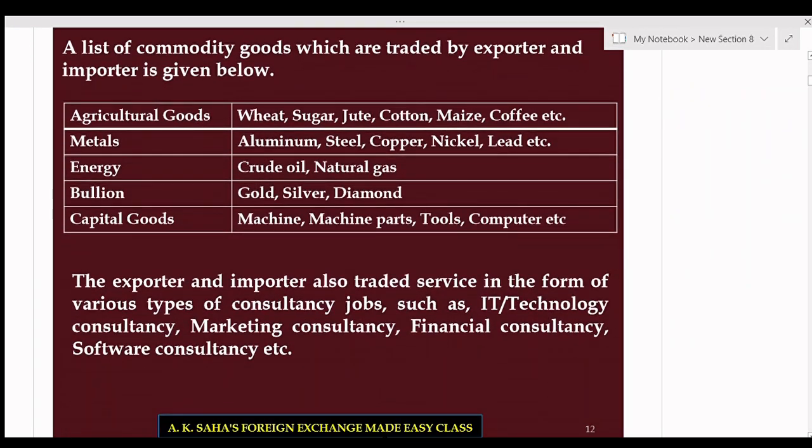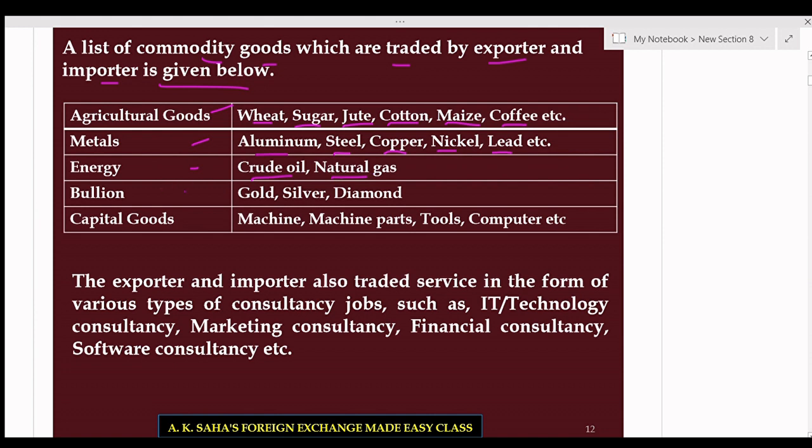A brief list of commodity goods which are traded by exporters and importers is given below. Agricultural goods: wheat, sugar, jute, cotton, maize, coffee, etc. Metals: aluminium, steel, copper, nickel, lead, etc. Energy: crude oil, natural gas.